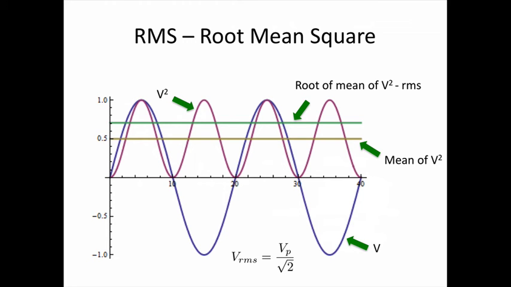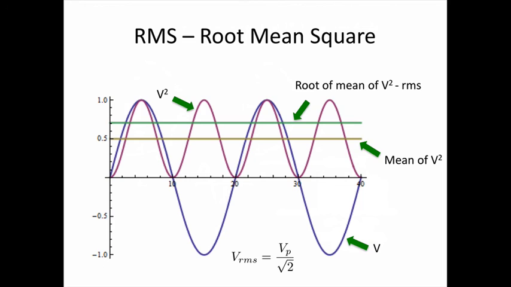To work that out, we start from a voltage curve that looks like the sine curve in the dark purple. It varies from plus Vp to minus Vp, where Vp is the peak voltage. If we square the whole thing, all the negative parts become positive, and the V squared curve varies from 0 to Vp squared.